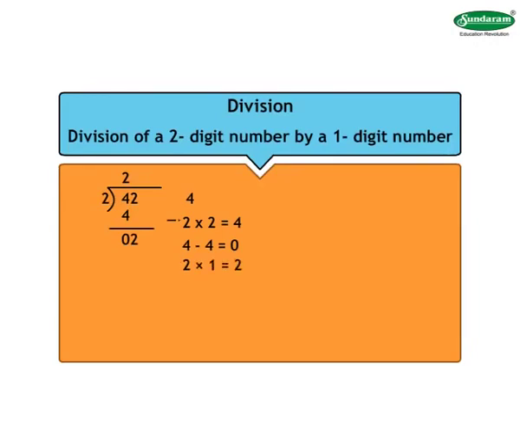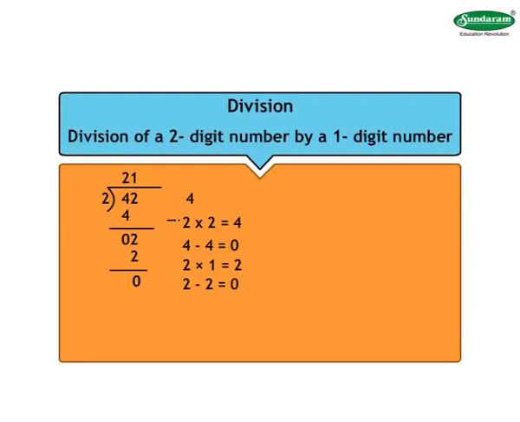So, write the digit 1 next to digit 2 above the line and product 2 below the number 2 as shown. Subtract 2 minus 2 is equal to 0. Here, 0 is the remainder. When the remainder is obtained as 0, it means we should stop dividing.